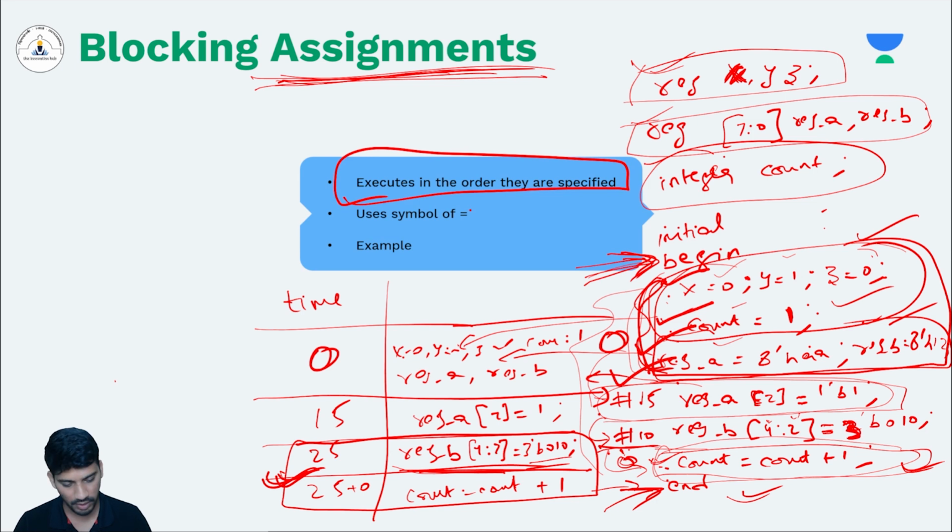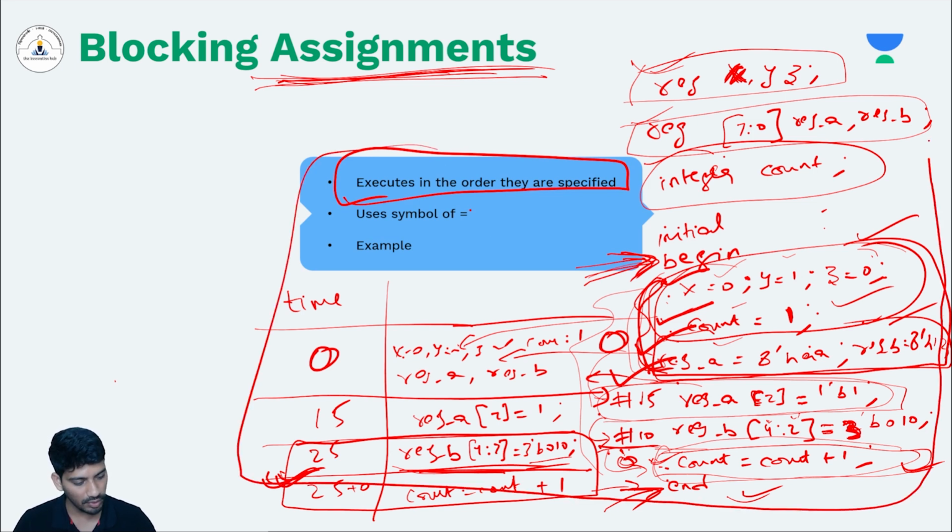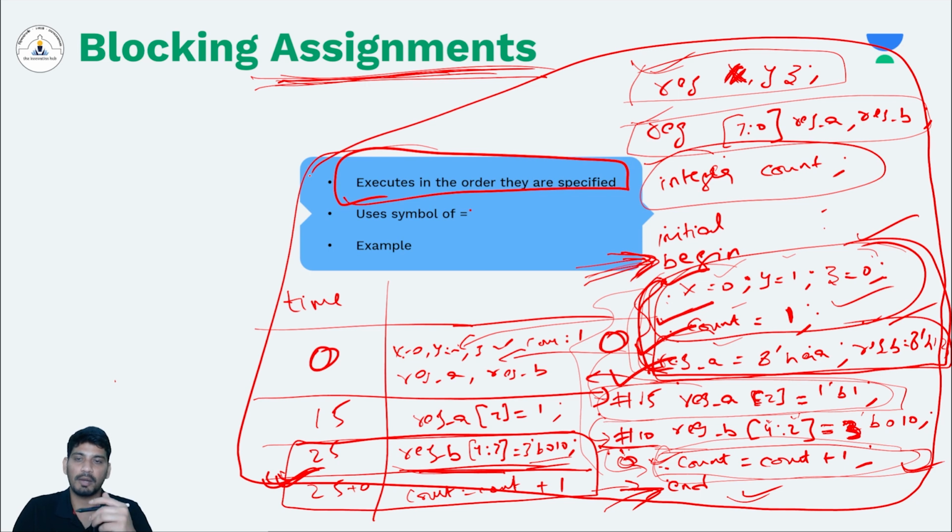I hope this will clear your doubts about blocking statements. Okay. So the purpose of blocking statements is that they execute in the order they are specified, but not the time delays, right? Even though the time delay is 0, this count will execute only after executing all the previous statements with their assigned delays.